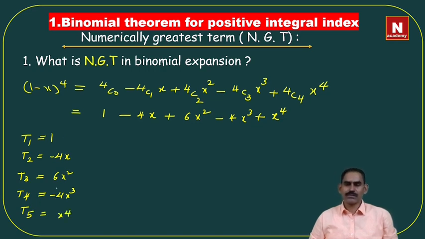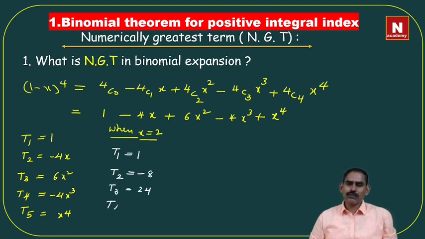These are the terms. Now I will give one value for x. When x equals 2, t1 is 1 again, t2 is minus 8, t3 equals 24, t4 equals minus 32, t5 equals 2 power 4, 16.